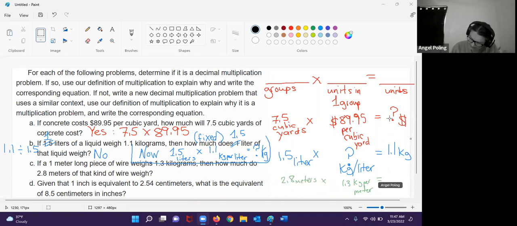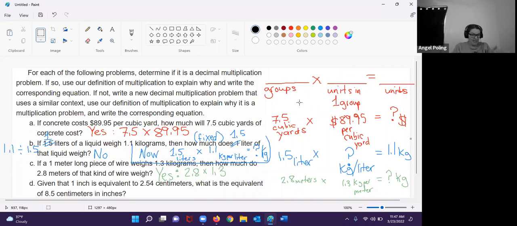And they're asking us how many kilograms, right? So here we have a yes. This is a decimal multiplication problem, and it is 2.8 times 1.3.